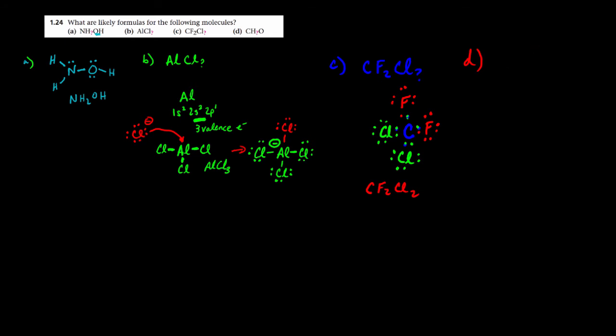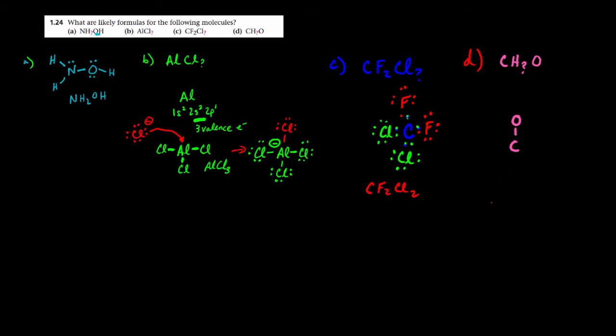So the question is D, CH question mark O, CH. Well, let's draw in the non-hydrogen atoms first. So C, and I'll just put O up here, could put it anywhere, but carbon and oxygen, they're going to have at least one bond.